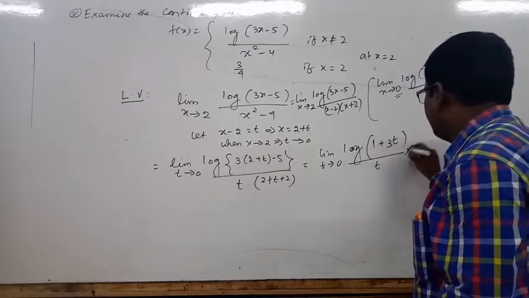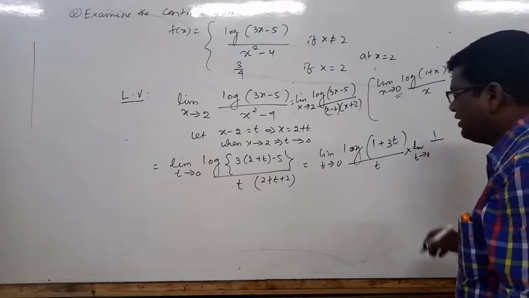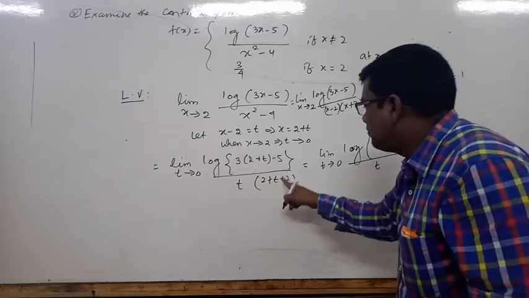This is equal to limit t tends to 0 1 by 2 plus t plus 4 plus t.